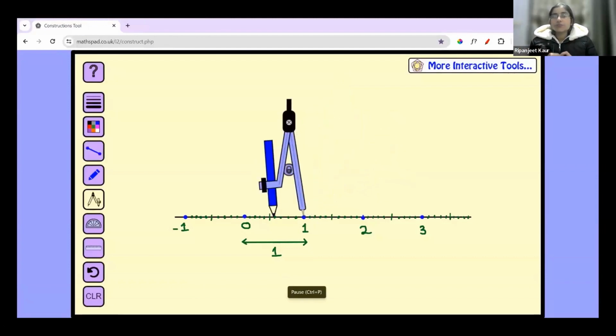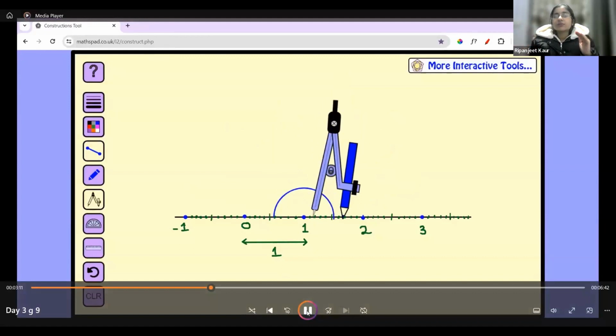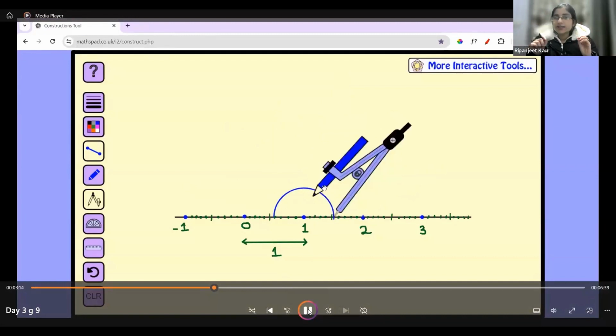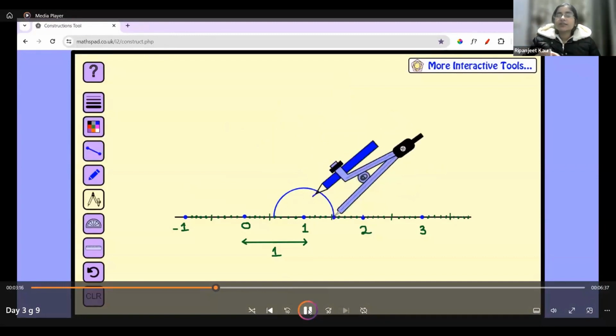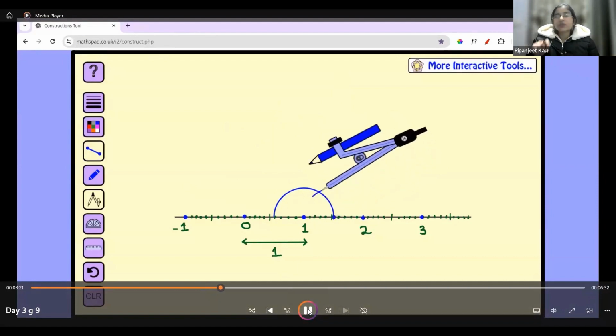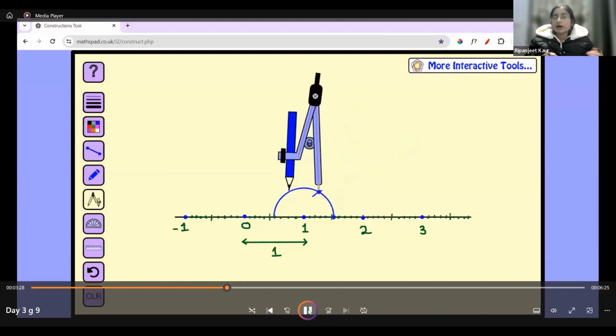So we know how to make a perpendicular. We have done that in the previous classes as well. We just make a semicircle, then place the pin of the compass on one side and make an arc on this semicircle. Then place the pin of the compass where the semicircle and arc are cutting, and make another arc.